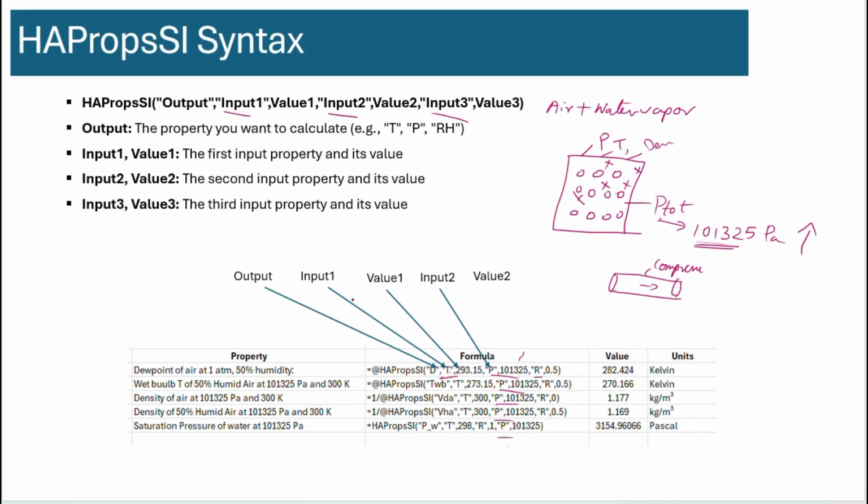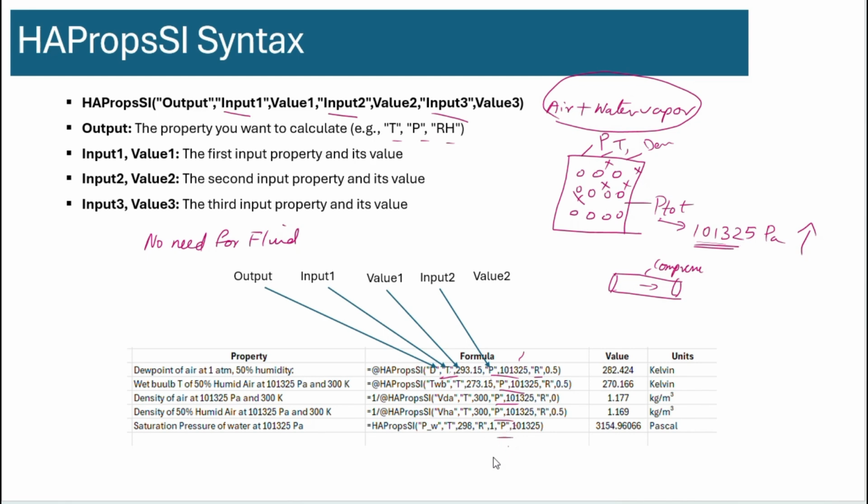And we'll look in more detail with the syntax of this when we look into the actual Excel file. But just overall, you need 3 properties, and then those 3 input values. There is no need to input a fluid name, because it's by default for air and water vapor. So there's no name input in these formulas.